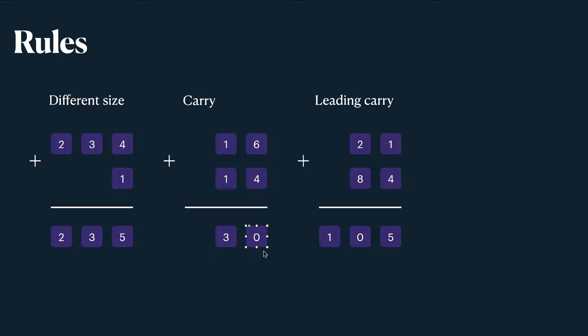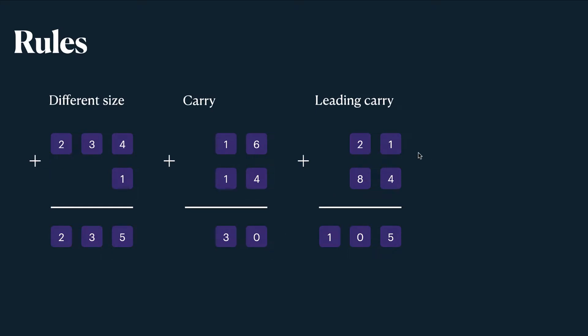There is no such digit as 10. That's why we just leave a remainder, which is 0, and we carry 1 to the next column. So we have 1 here, and 1 in memory as a carry. Altogether it will be 3.